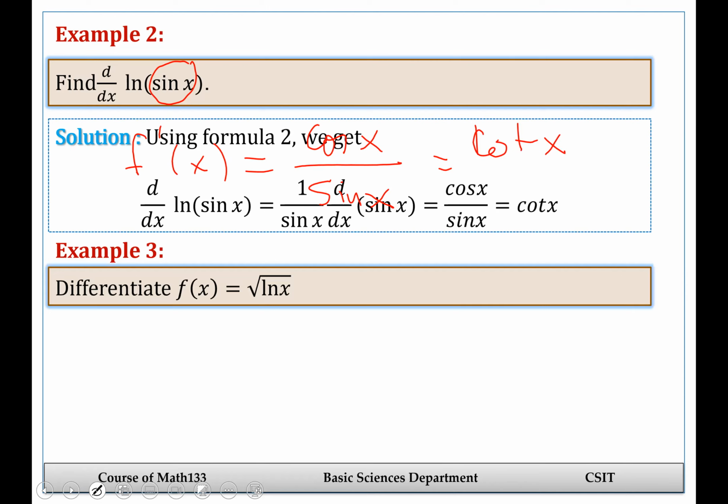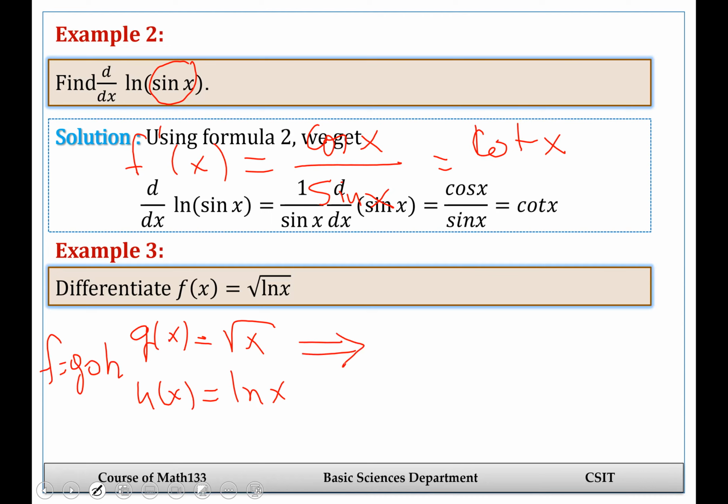Example 3 here, there is a composition of functions. So I will choose g of x equal to root x and h of x equal to ln x, in the way that f will be g composed with h.